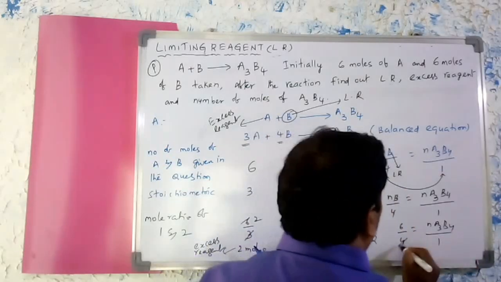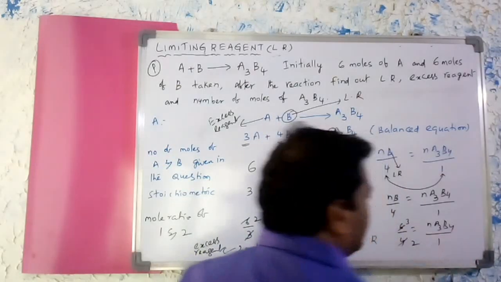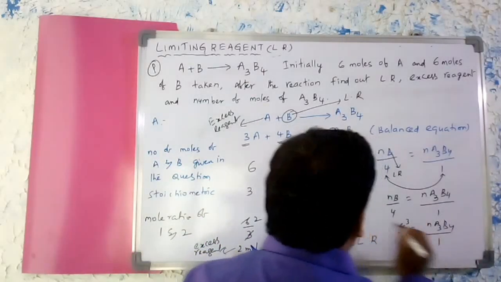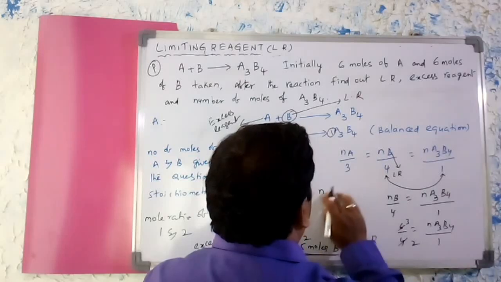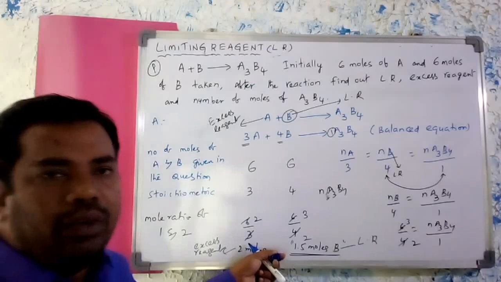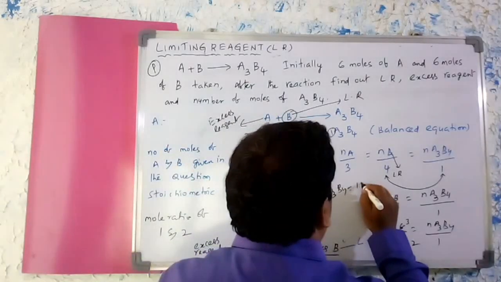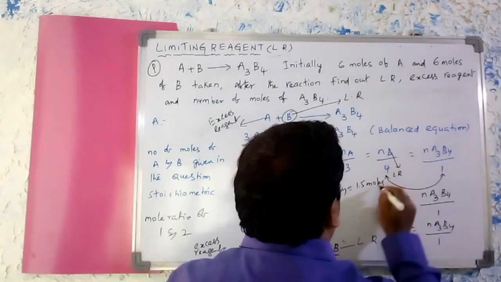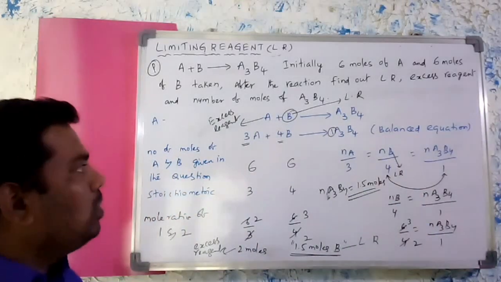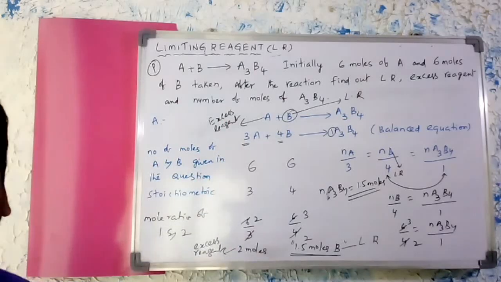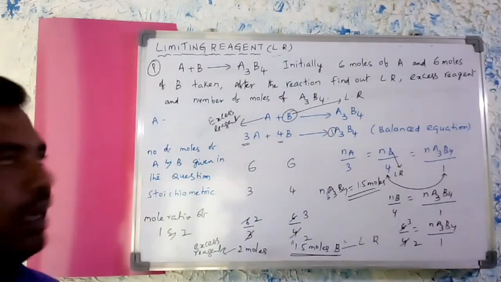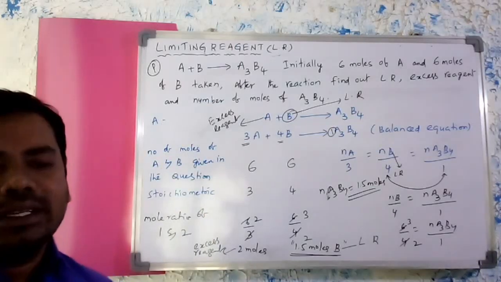Therefore the number of moles of A3B4 is equal to 1.5 moles. So this is our answer. The number of moles of product is 1.5 moles, B is the limiting reagent and A is the excess reagent. Thank you.